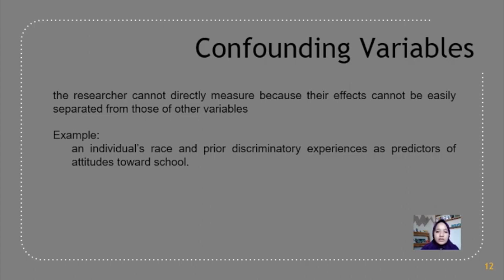This variable cannot be measured by the researcher because, for example, students at school maybe have some friends from other regions with different race, or maybe different island, different cities, different others that maybe do not have any big effect on the dependent variables, but sometimes it also gives effect or influences the independent variables.